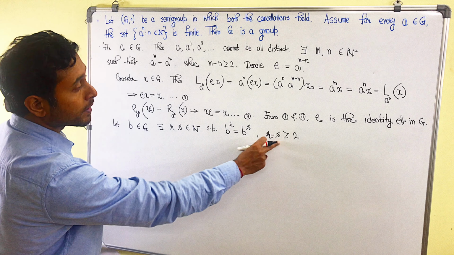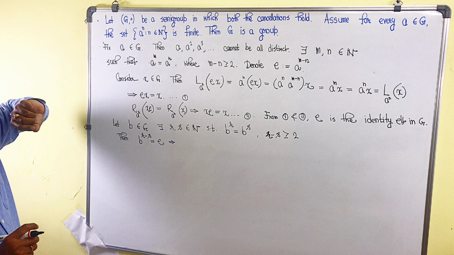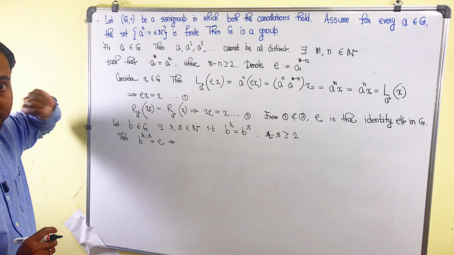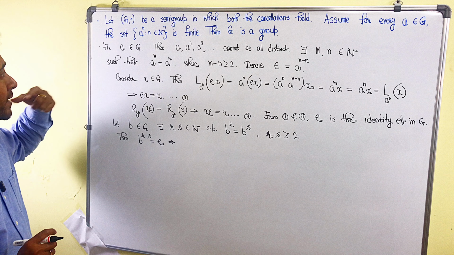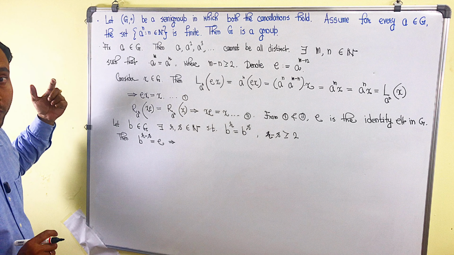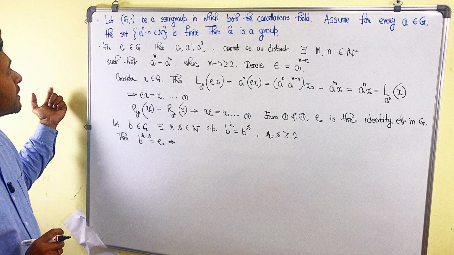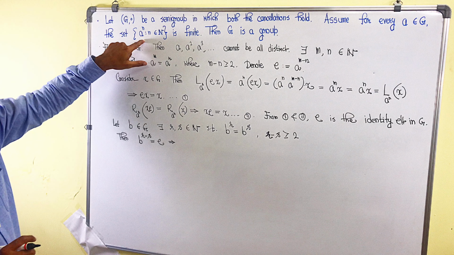So b to the power r minus s must be the identity element E. Now r minus s is at least 2, so we can extract one b out of this, because presumably it is a semigroup, so only positive integral powers of an element are defined. Now it is a monoid, so we can extend it to 0. We can define powers of a up to non-negative integers.